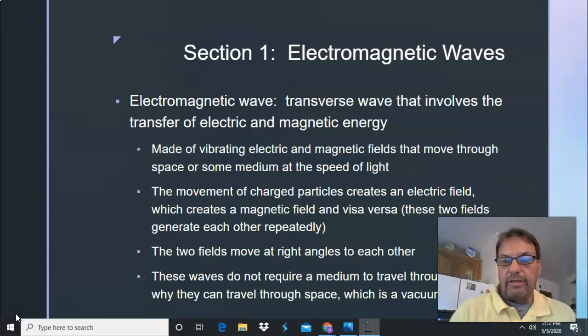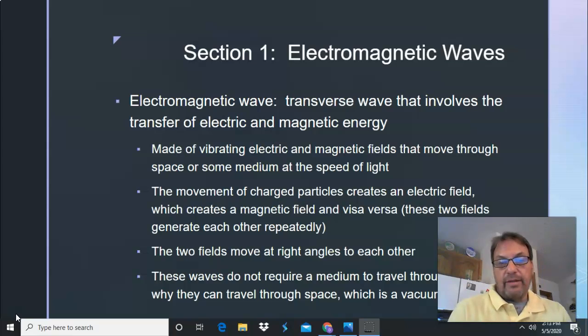Okay, we're going to be talking about electromagnetic waves today, and we need to keep in mind that these are transverse waves. These are not longitudinal, they're transverse, and that's going to involve the transfer of electric and magnetic energy. So if you think about electricity and magnetism, if you put those two words together, you come up with electromagnet or electromagnetic.